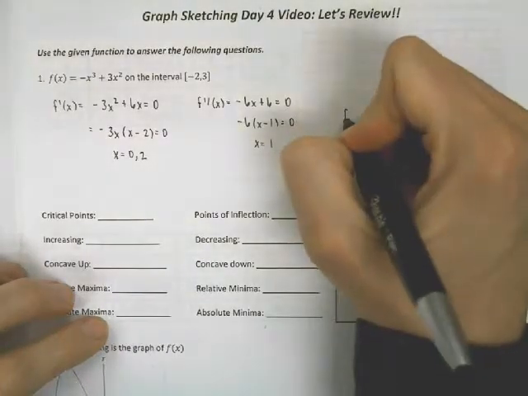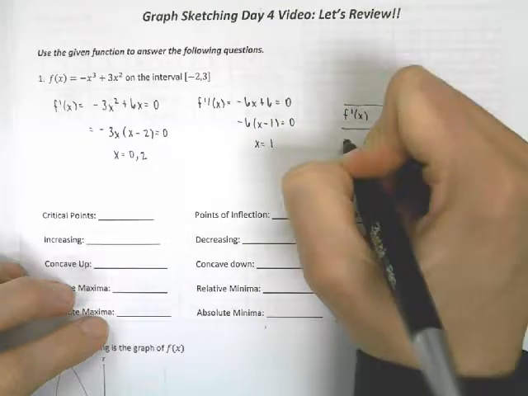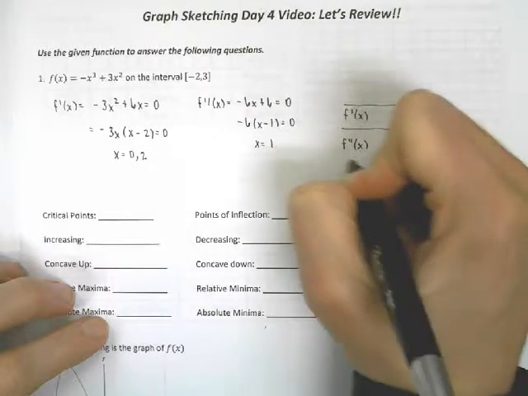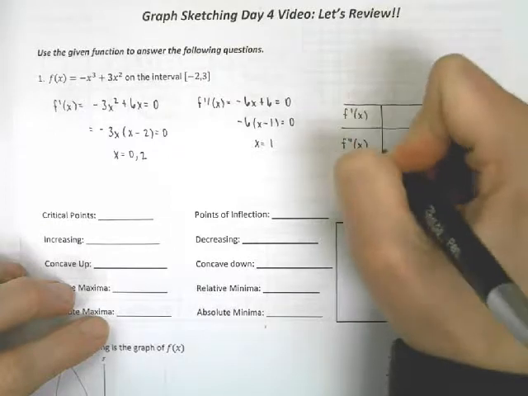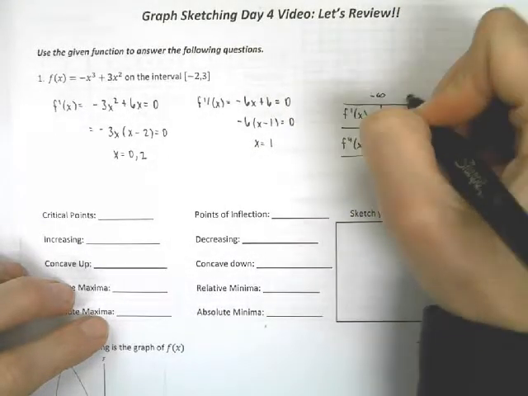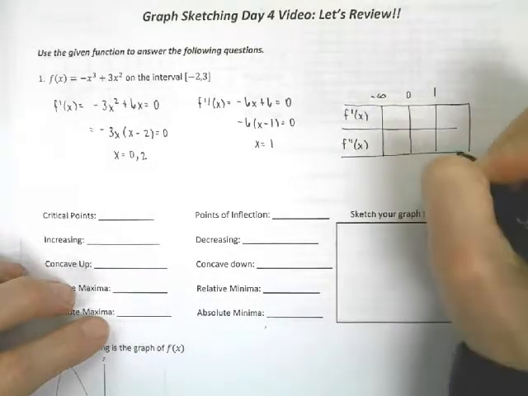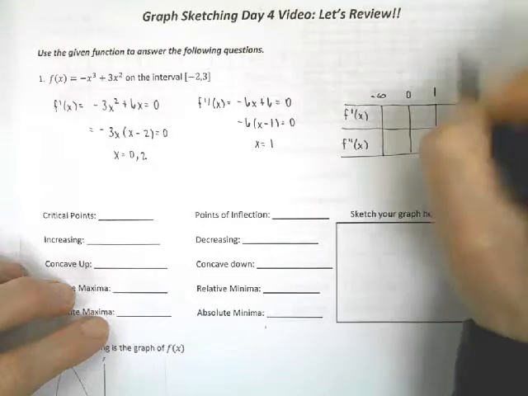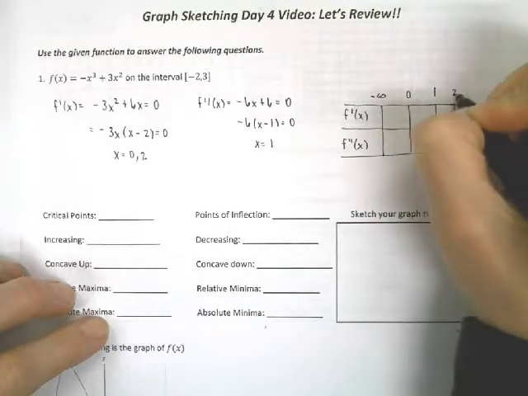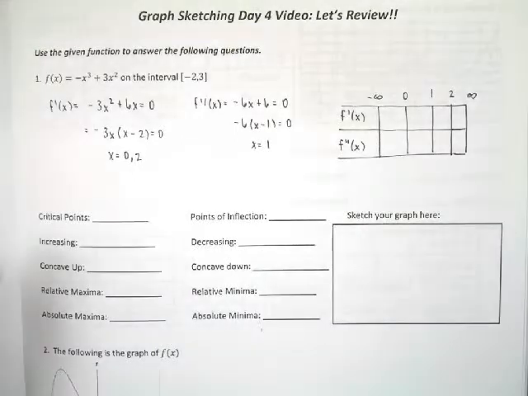So now we put this all into our table. I have negative infinity, critical point at 0, possible inflection point at 1, another critical point at 2, and then we're on that open interval, so I have infinity at the end.